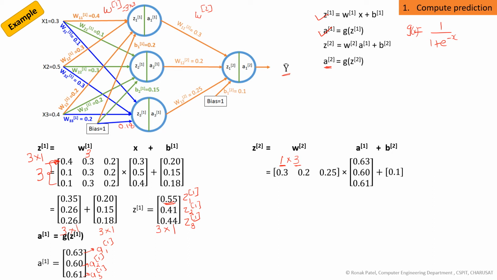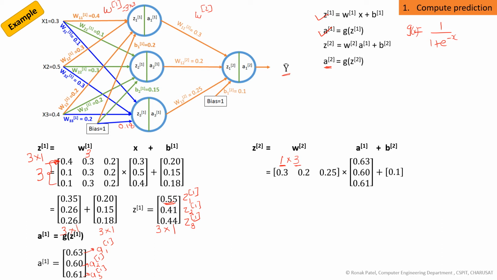If you multiply this, the first term is 0.3 multiplied by A11, which is 0.63.